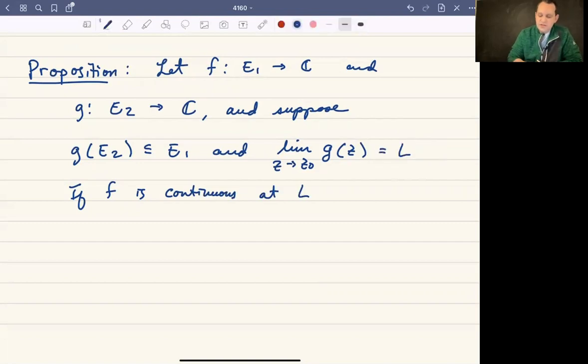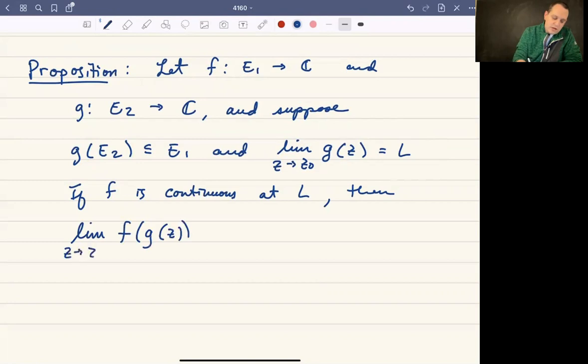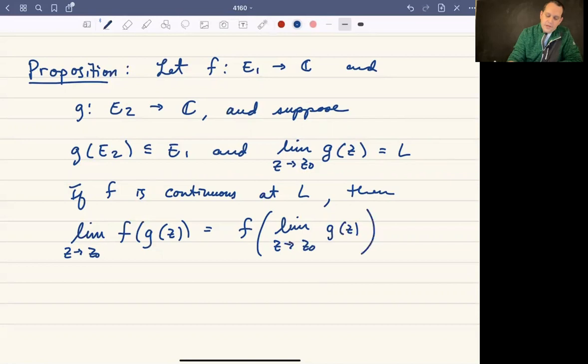So if the limit of g of z as z approaches z naught is L, and if f is continuous at L, then the limit of f of g of z as z approaches z naught is equal to f of the limit of g of z as z approaches z naught. So in other words, the limit of f of g is equal to f of the limit of g if f is a continuous function at that point L.